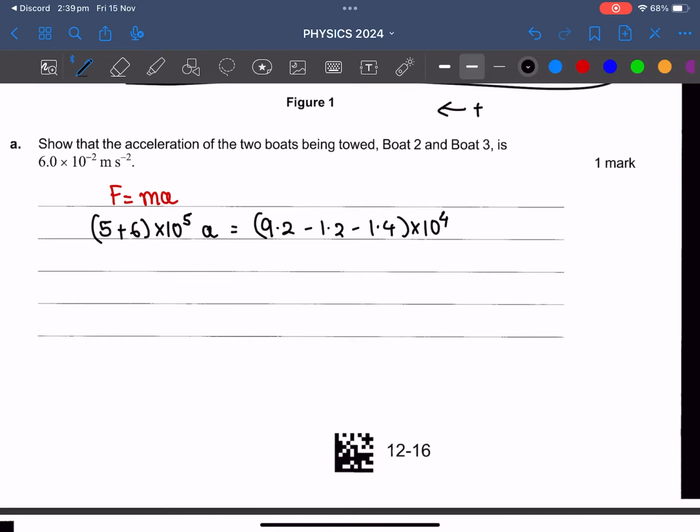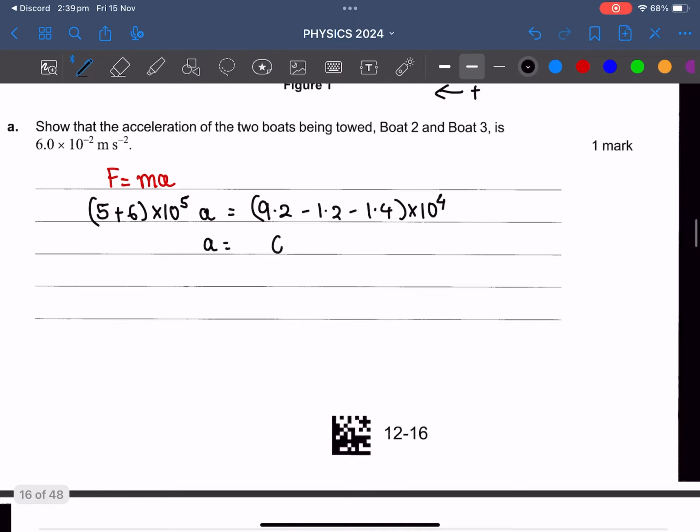So that means our acceleration is basically going to be, let's put this in my calculator. Okay, so it's 9.2 minus 1.2 minus 1.4.